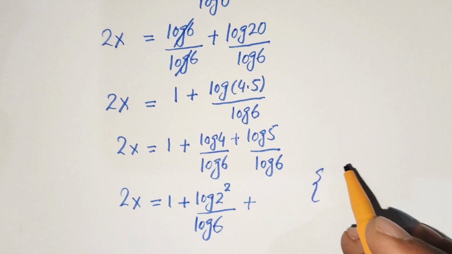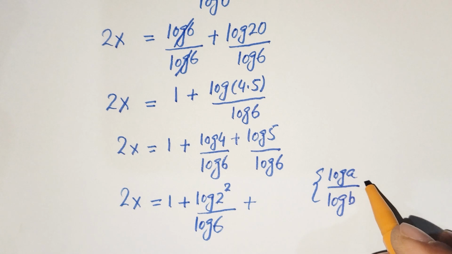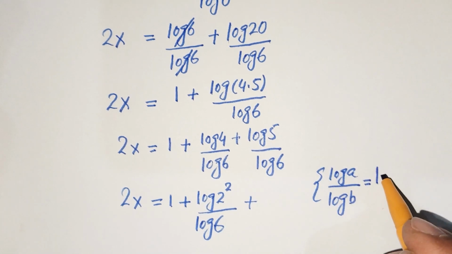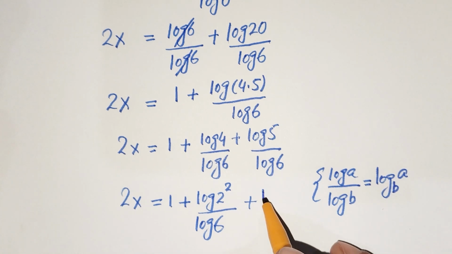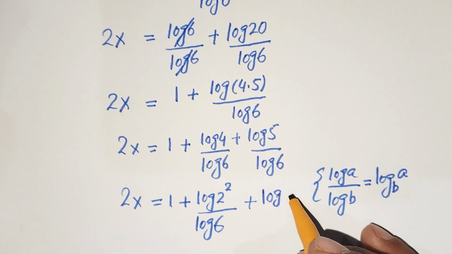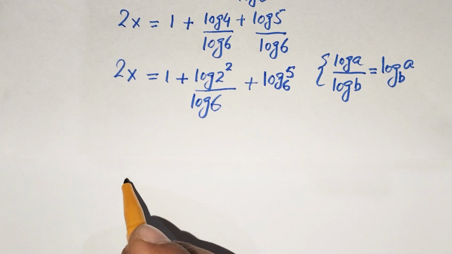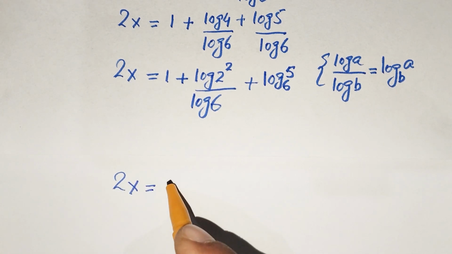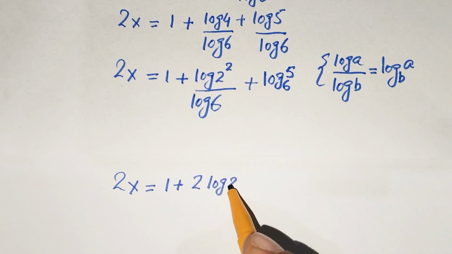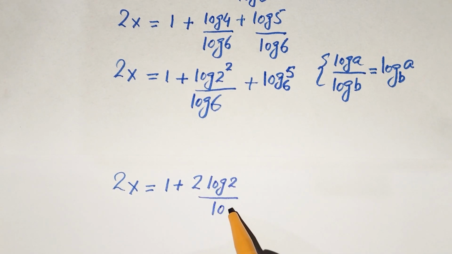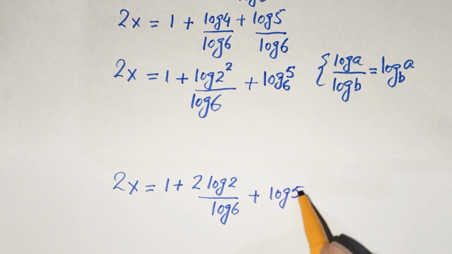As we know by the logarithm law, if we have log a over log b, then we can write it as log a with base b. So it can be written as log 5 with base 6. Now 2x is equal to 1 plus 2 log 2 over log 6, plus log 5 with base 6.